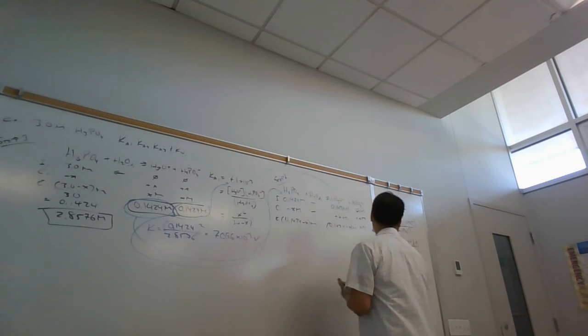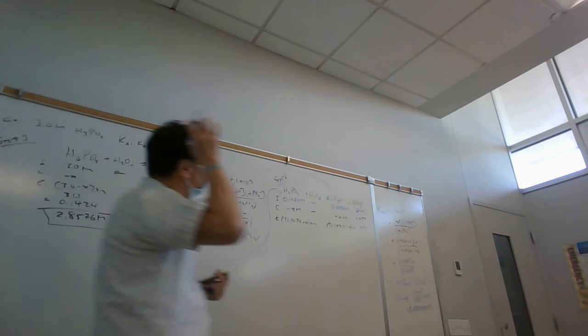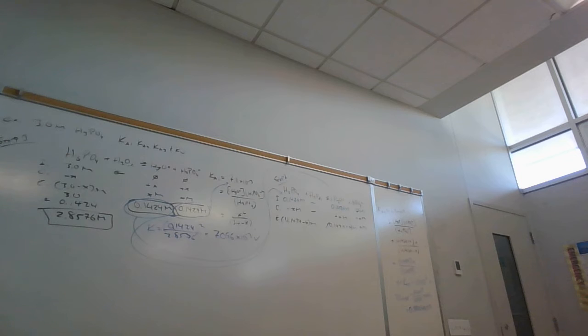So it's going to equal x squared plus 0.1424x. Okay, then I'm going to combine terms and then put it on one side.